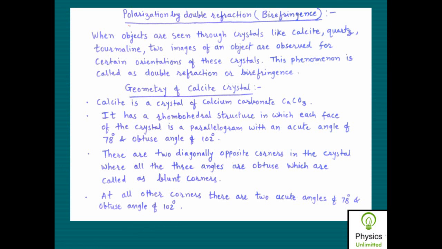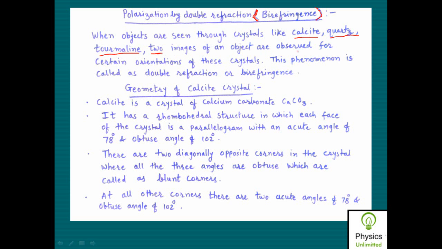So let us discuss polarization by double refraction. This polarization by double refraction is also commonly known as birefringence. This phenomenon of double refraction is shown by certain types of crystals such as calcite, quartz, tourmaline and so on, in which when objects are seen through such crystals, then instead of a single image you obtain two images of an object.